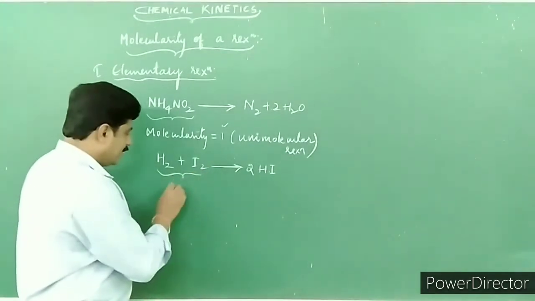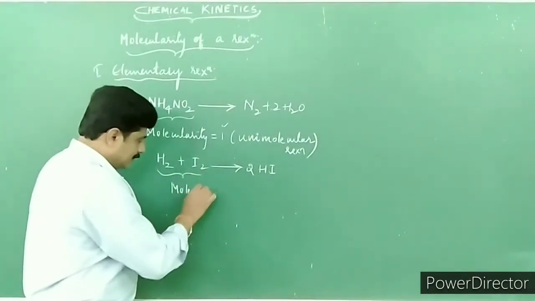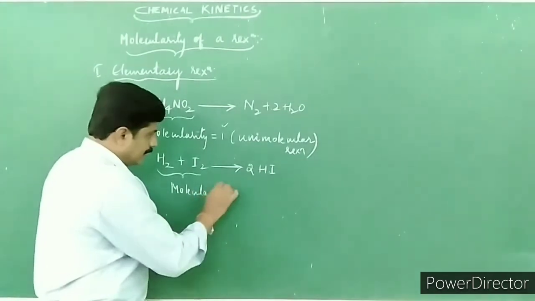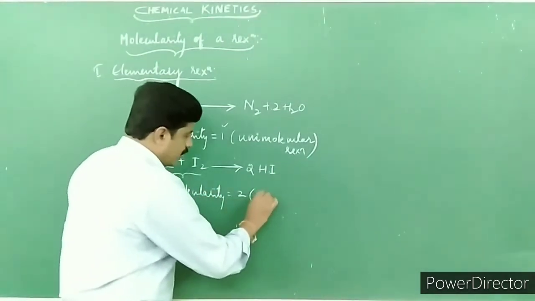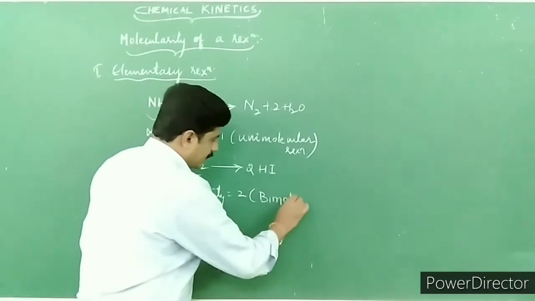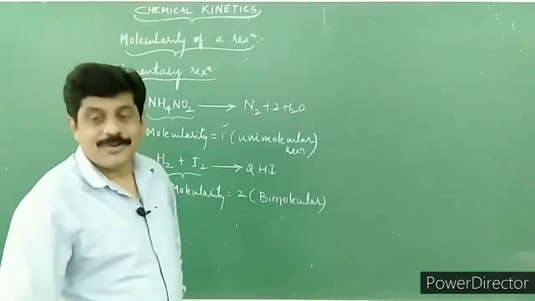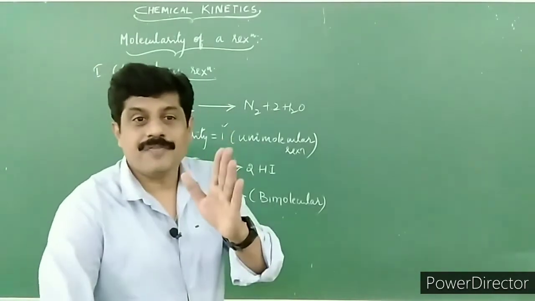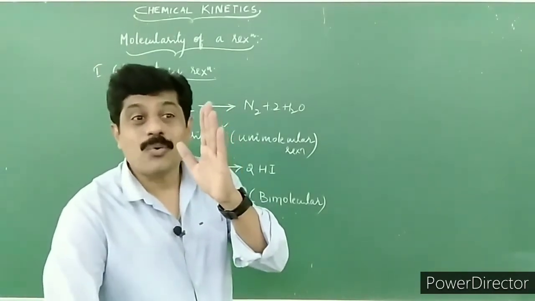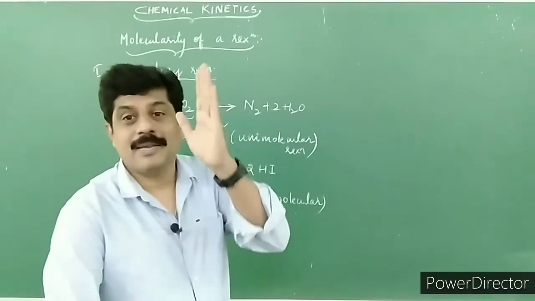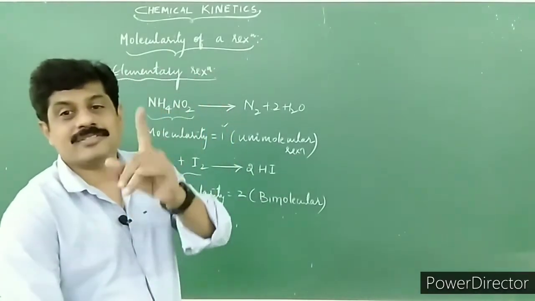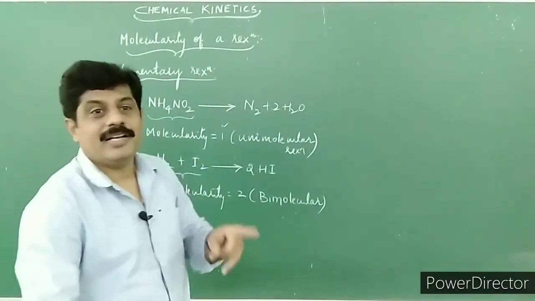That means molecularity is equal to 2, otherwise called bimolecular reaction. What do you call that? Bimolecular reaction. Children, very simple. The number of reactant molecules that collide simultaneously in an elementary reaction is the molecularity of the reaction.